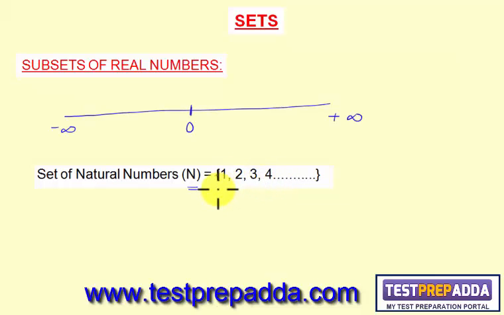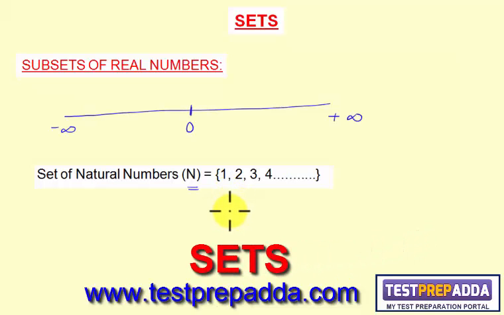Like when we say three friends, we say two pens, three pens, four pens. We never say 1.5 pens. We say two trees, three trees, four trees. We never say 1.3 trees. Got it? So, natural numbers, they come naturally.